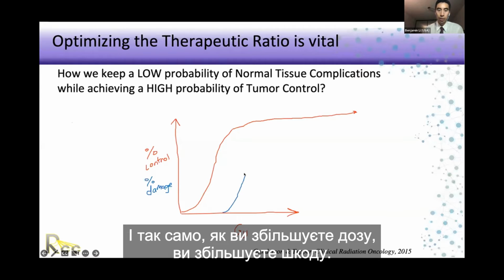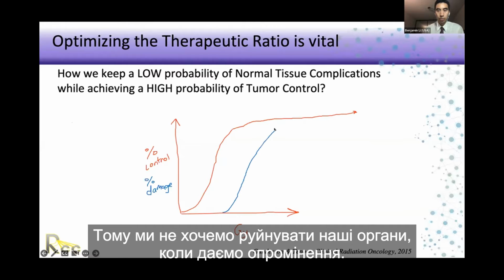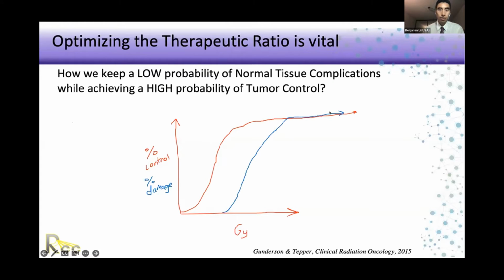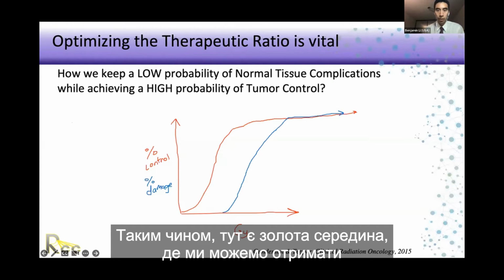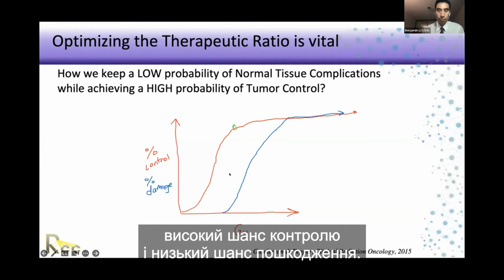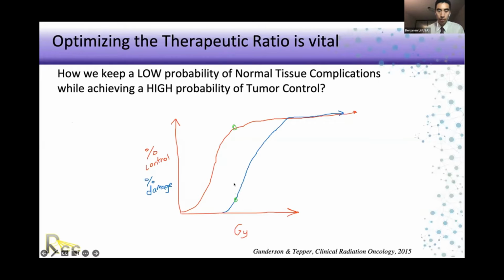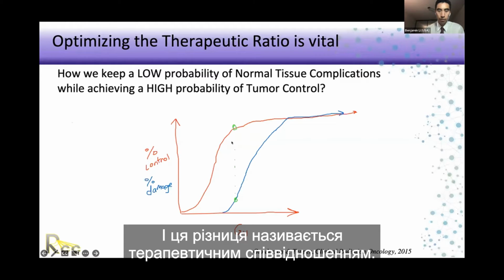In the same way, as you increase the dose, you increase the damage. So we don't want to destroy our organs when we give radiation. So there's a sweet spot here where we can get a high chance of control and a low chance of damage. And this difference is called the therapeutic ratio.